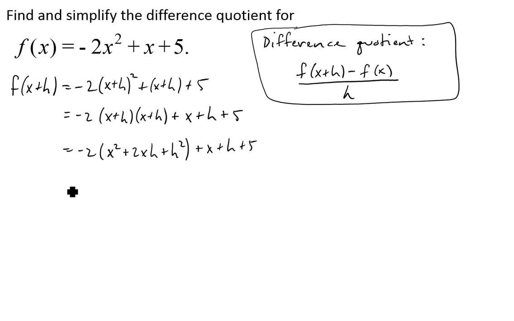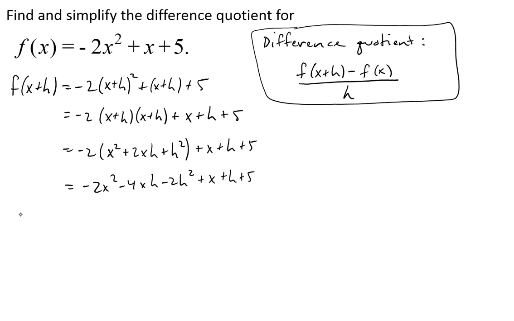Now to go ahead and distribute that negative 2. And we don't have any like terms there, and so we're ready to just go ahead and take that entire expression there and plug it into that spot, that very first spot of the difference quotient.